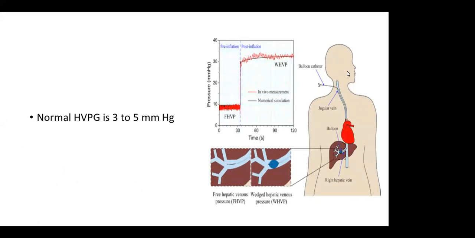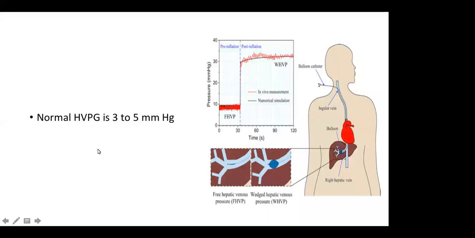If you just look at this diagram, for the wedge pressure a catheter is inserted through the jugular into the superior vena cava, through the heart into the inferior vena cava and the hepatic vein. When the catheter's end balloon is inflated, it measures the wedge hepatic venous pressure, and when it is deflated, it measures the free hepatic venous pressure.